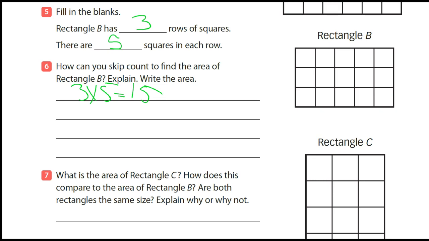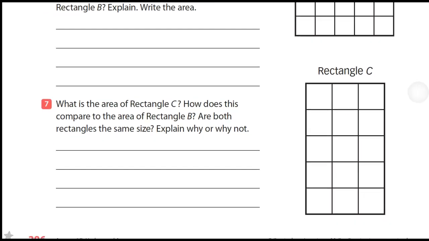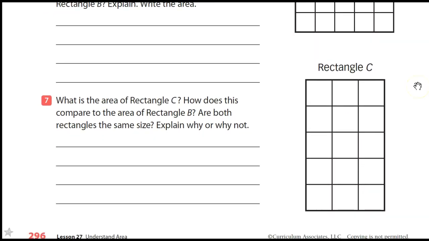So let's look at rectangle C though. What's the area here? I don't see 3 squares. I don't see 5 squares. Now, how many rows do I have? 5. 1, 2, 3, 4, 5.